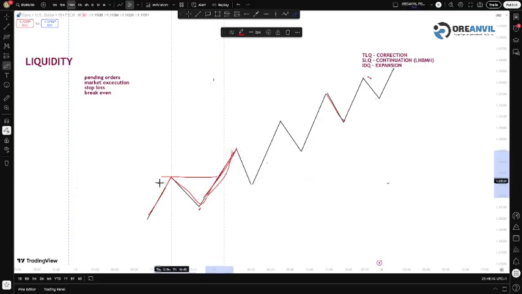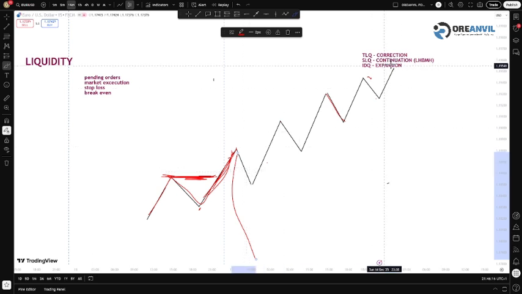This is transactional liquidity and not inducement liquidity. The only time you classify this as inducement liquidity is if you don't know what type of trend you are dealing with, or you are not sure you are in an uptrend. And if you say this is an inducement liquidity, then you are expecting price to further push to the downside, because what inducement liquidity does is expansion, not correction.